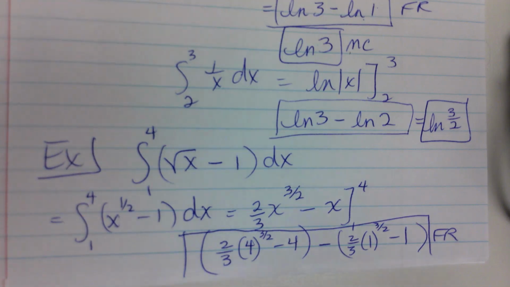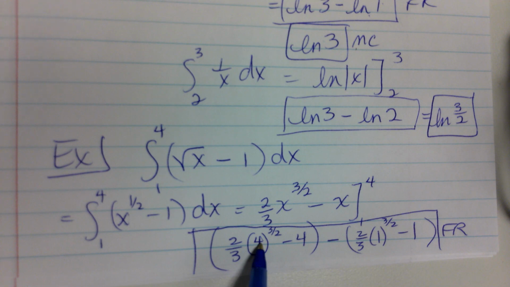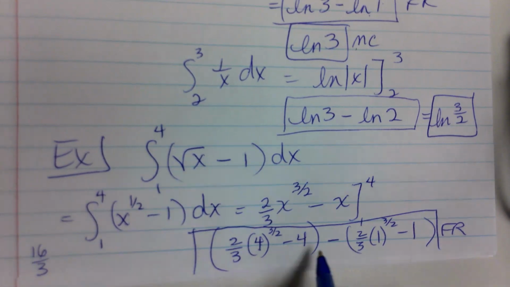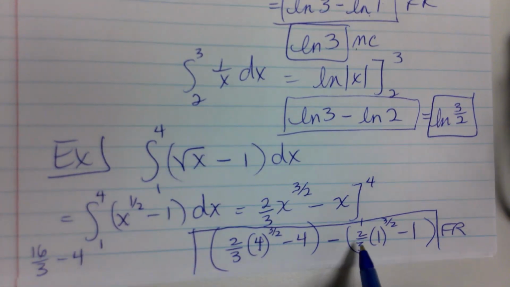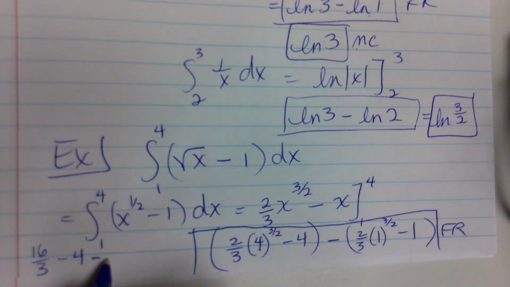But multiple choice, you will be asked to take 4 to 3 halves. What does the bottom mean? The square root of 4 is 2. 2 cubed, 8 times 2 is 16 thirds minus 4. 1 to any power is just 1, so distribute that negative times 2 thirds.